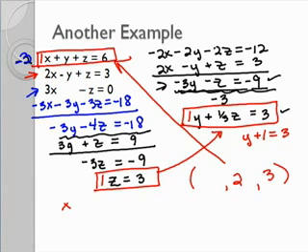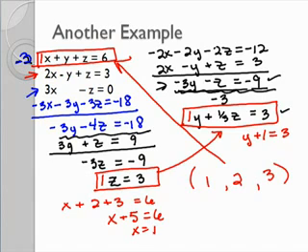So x plus 2 plus 3 is equal to 6. So x plus 5 is equal to 6. So therefore x is 1. And there we have our solution.